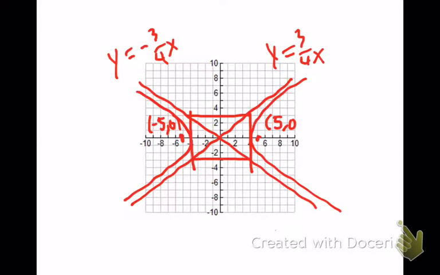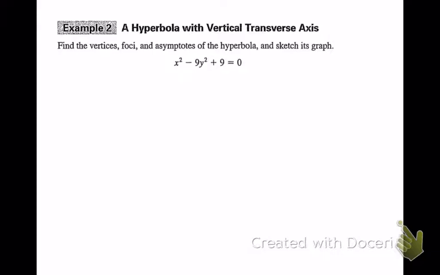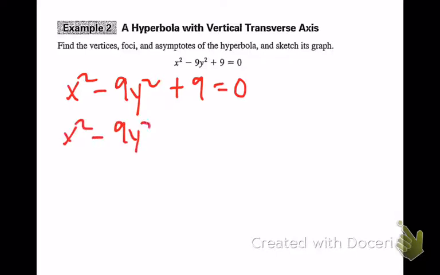Alright, moving on. Hyperbola with a vertical transverse axis. Okay, so we've got x squared minus 9y squared plus 9 equals 0. So we're going to have x squared minus 9y squared equals -9. So we divide by -9, and we get y squared minus x squared over 9 equals 1.